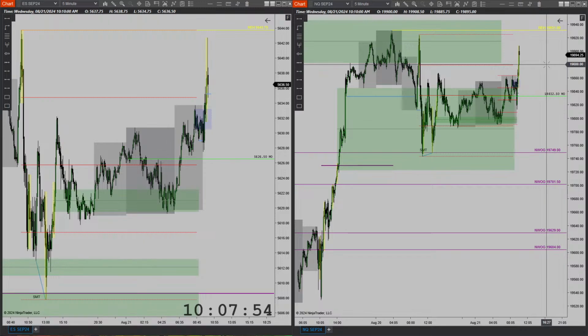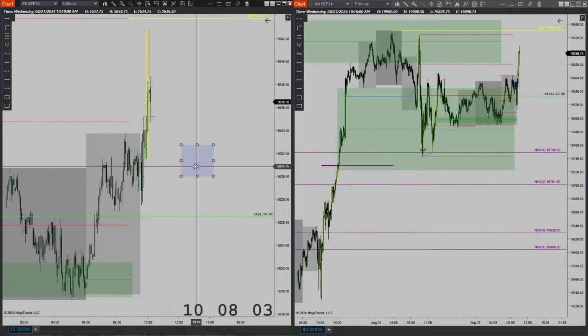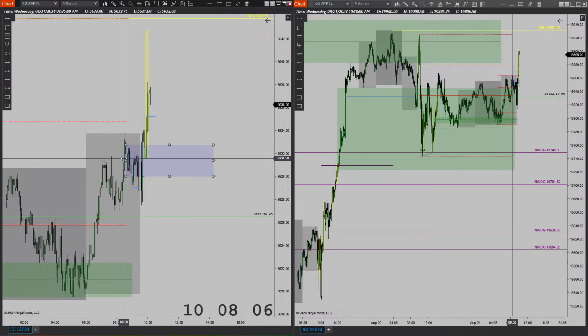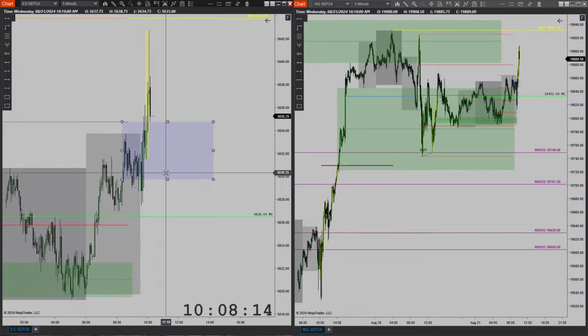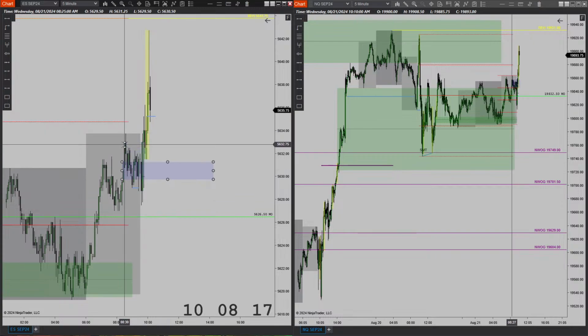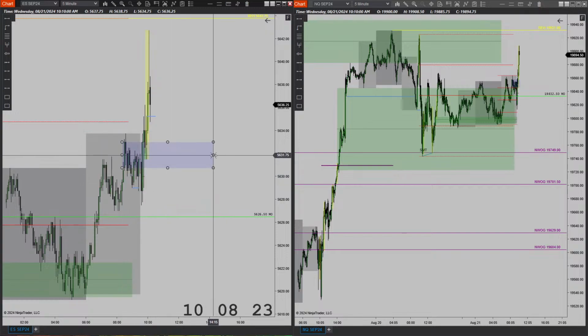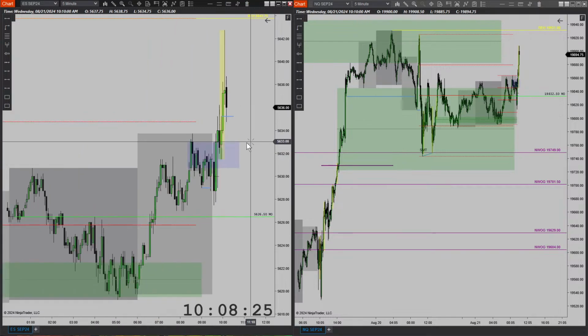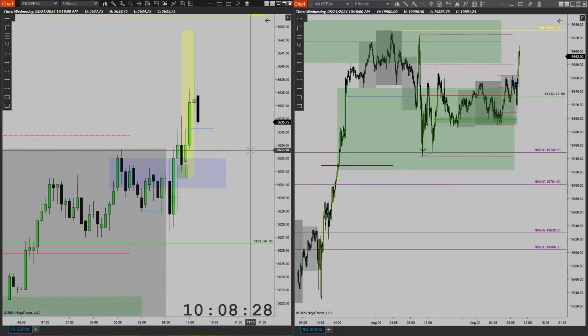So yesterday I wrote down, where is it here? Okay, so if a mitigation block is going to work as an entry for a unicorn, did it have a stop run within it?